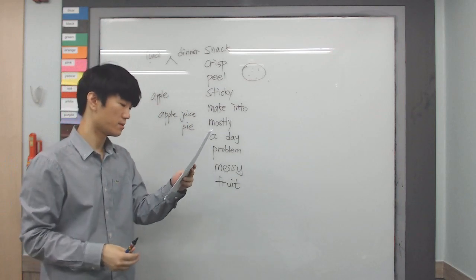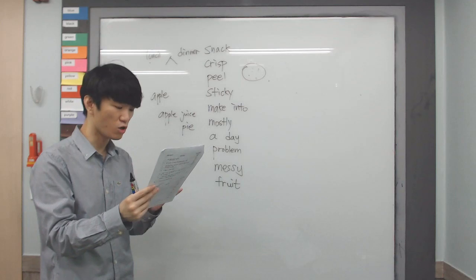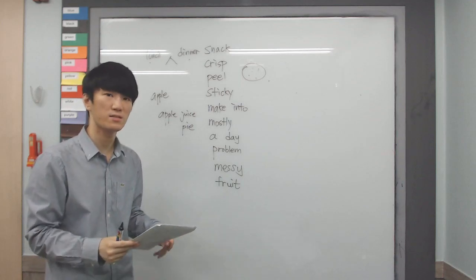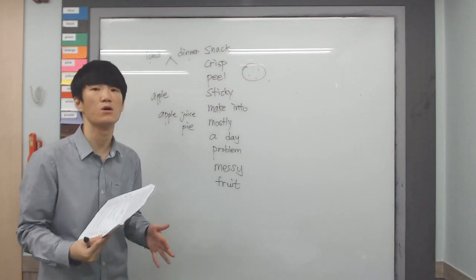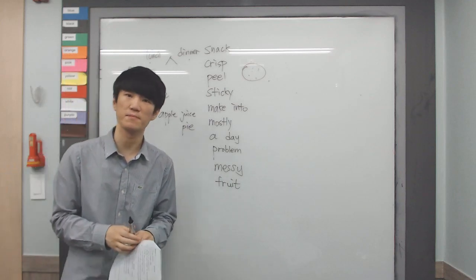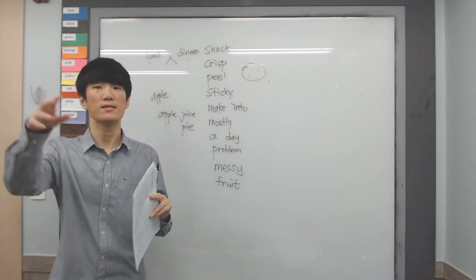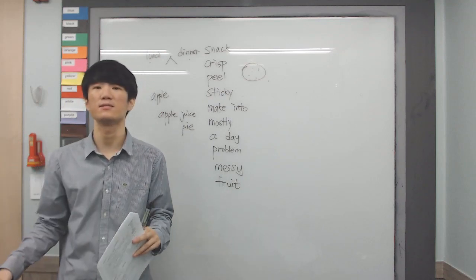And next one is mostly. Definition is almost all. Not always, but almost all. Like, let's think about, we are 10. There are 10 kids sitting in the class.